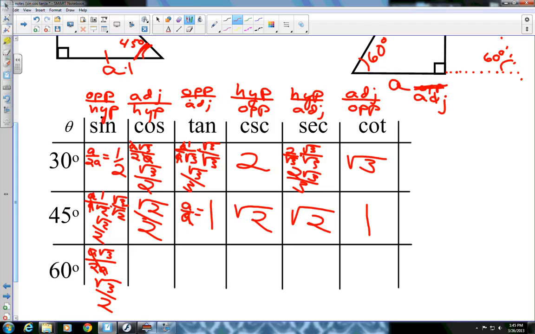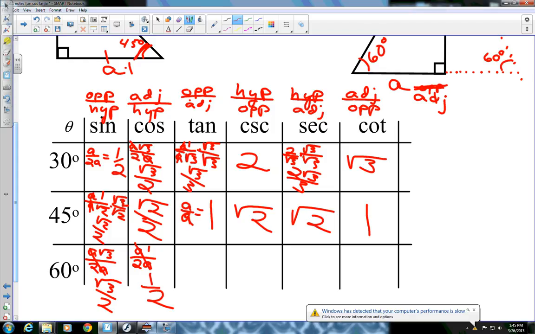Is that a surprise? Think about the triangle. They're talking about the same sides, right? Adjacent over hypotenuse for the cosine. Adjacent is now A. Hypotenuse is still 2A. These cancel and I get 1/2.